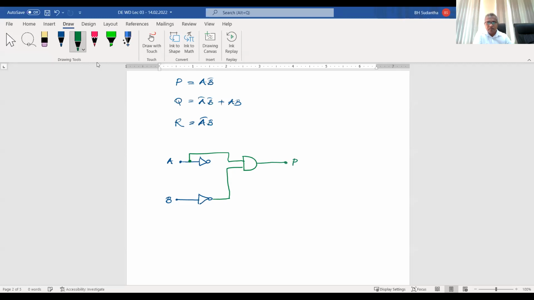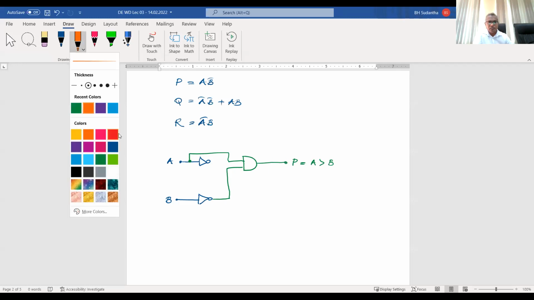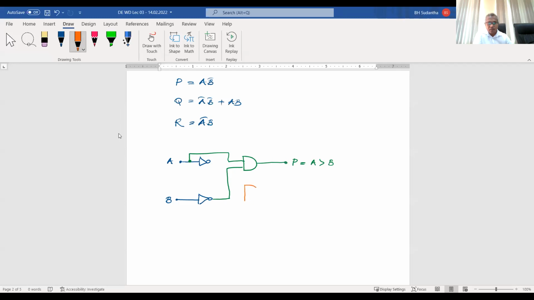This is P. P means A greater than B. Second one, A bar B bar, then AB.